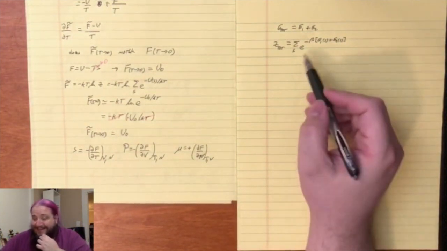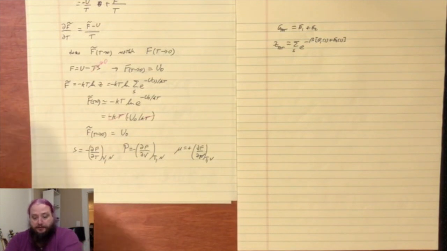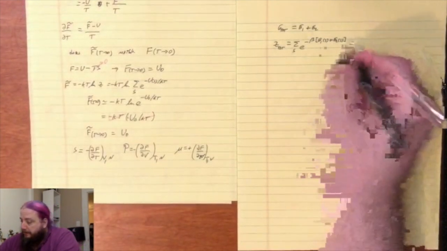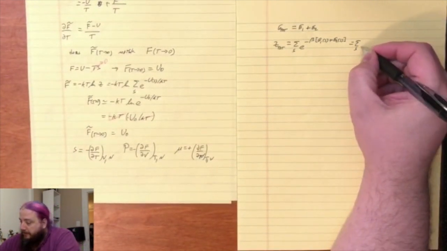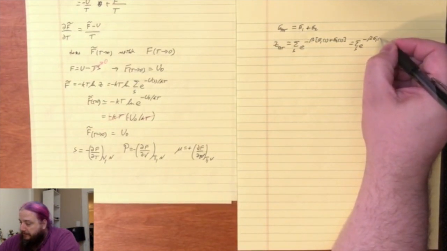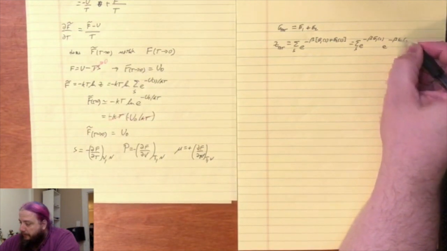Again, the state S here is a composite state of both of the two particles. So it's the state of our two particle system, not an individual single particle state. Well, we can break this up into the sum over S of e to the minus beta E1 of S times e to the minus beta E2 of S.